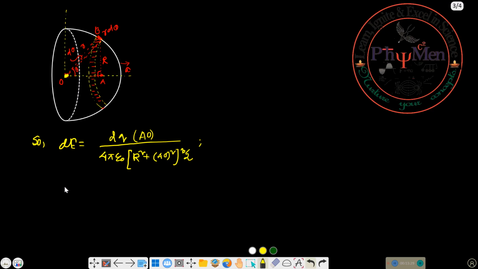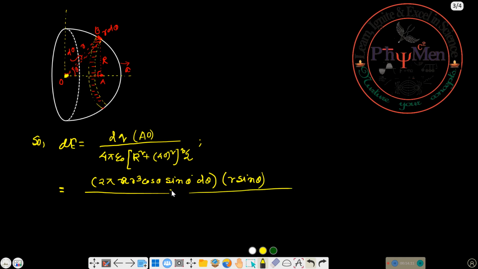Okay, so now we have the value of dq from the previous calculation, 2 pi a r cube cos theta sin theta d theta, and the value of AO is r sin theta, divided by 4 pi epsilon naught, r square sin square theta plus the value of AO, r square cos square theta, to the power 3 by 2.